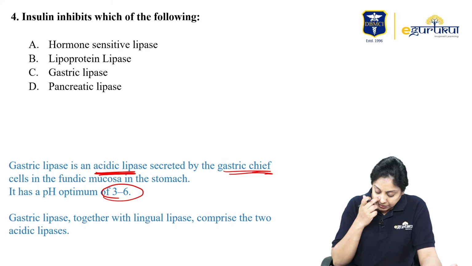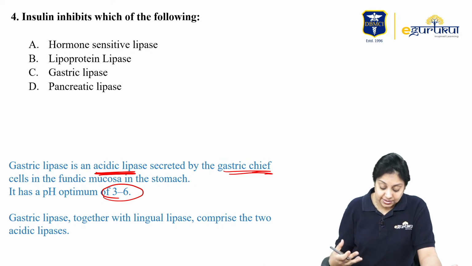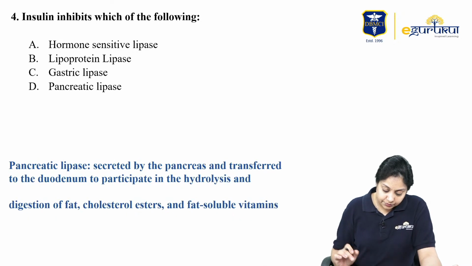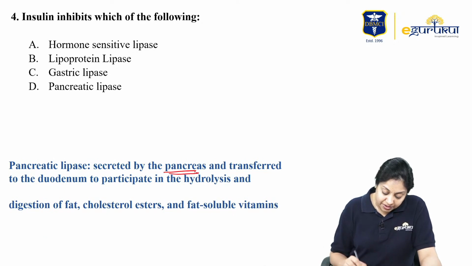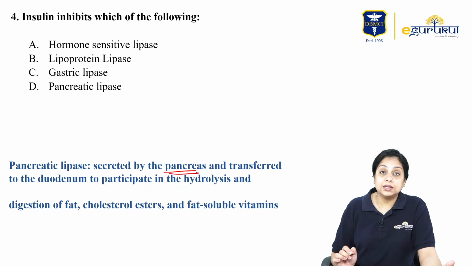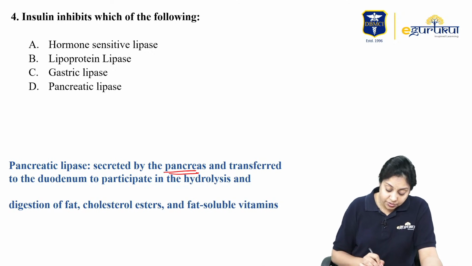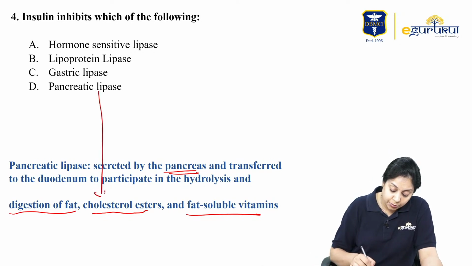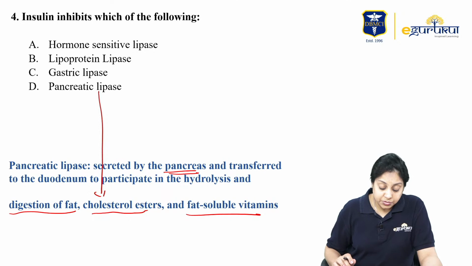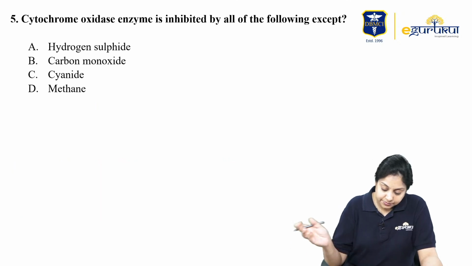So go for any pH, just remember it works at a highly acidic pH. Pancreatic lipase, the name suggests it is secreted by the pancreas, right? And it is responsible for the hydrolysis of fats, cholesterol esters and fat soluble vitamins, right? So this is another important question that may be asked.